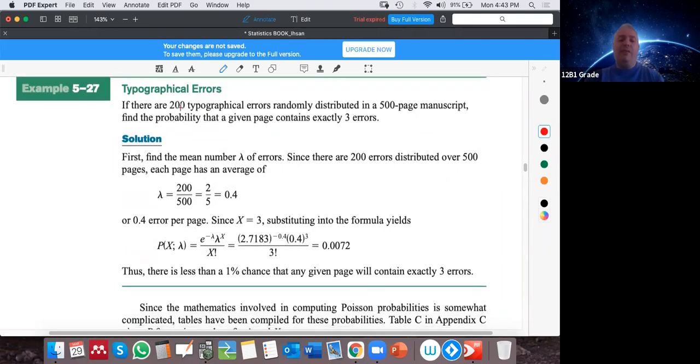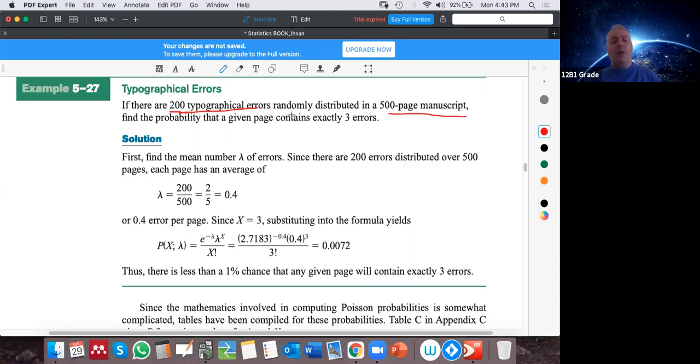Example: if there are 200 typographical errors randomly distributed in a 500-page manuscript. So there is a manuscript, let's say a book, and this book has 500 pages, and it says that 200 errors exist.